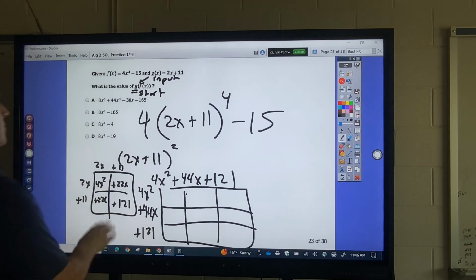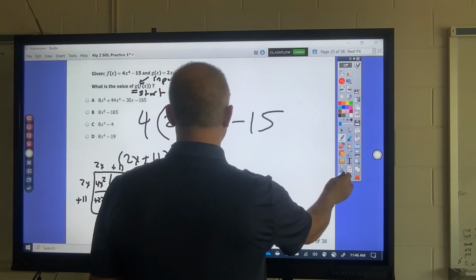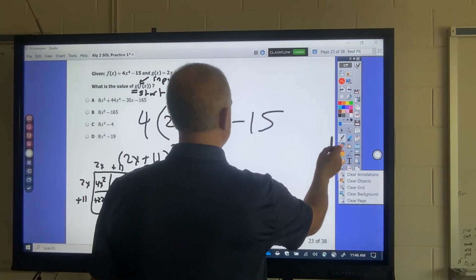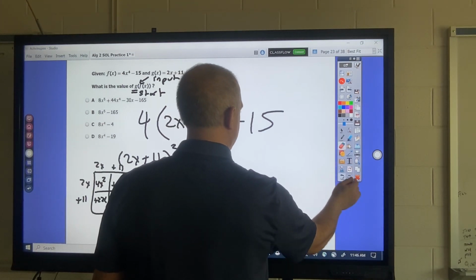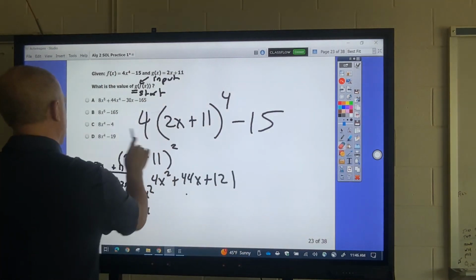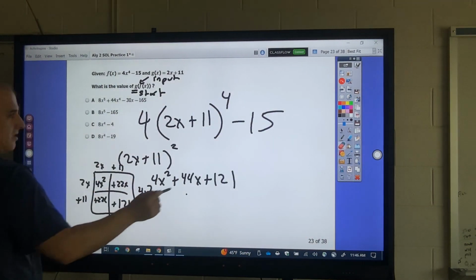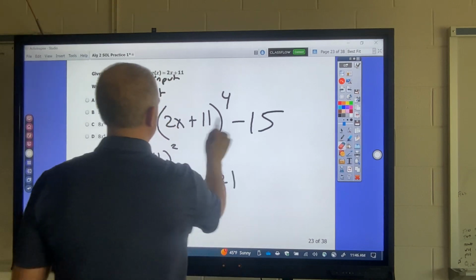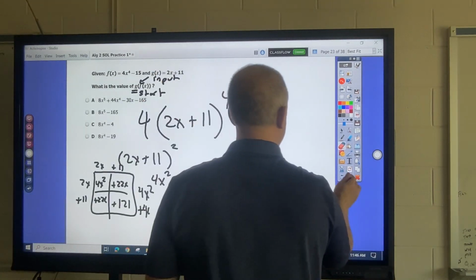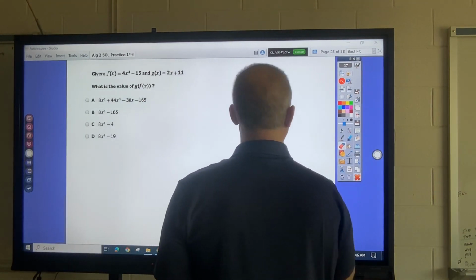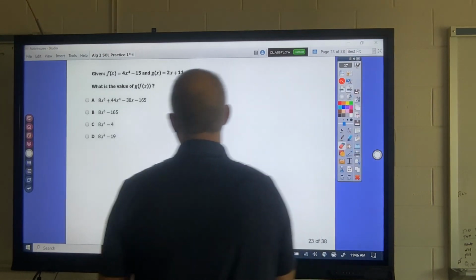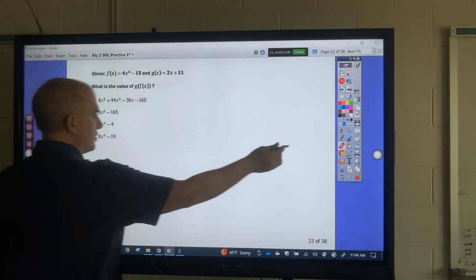I'm sorry, I started with the wrong function here. I started with the f function. Let me clear this off. Sorry. I do start with the g function.